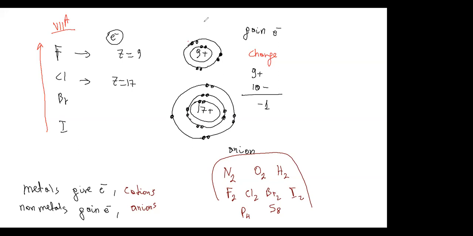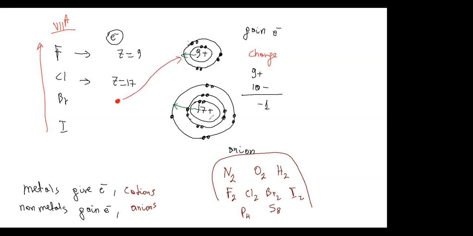So the chlorine also needs 1 electron to complete the outer shell, and the distance from the nucleus to the outer shell for fluorine is shorter, and the distance for chlorine to the outer shell is higher. So if I have one electron here, which is the red point, it would go easily to fluorine because the nucleus is very close to the outer shell. That's why the electron would go first here.